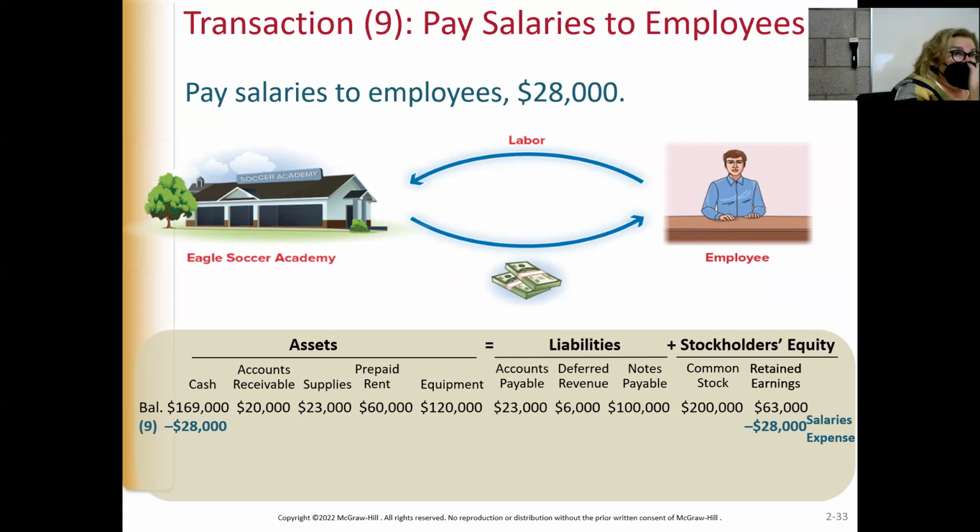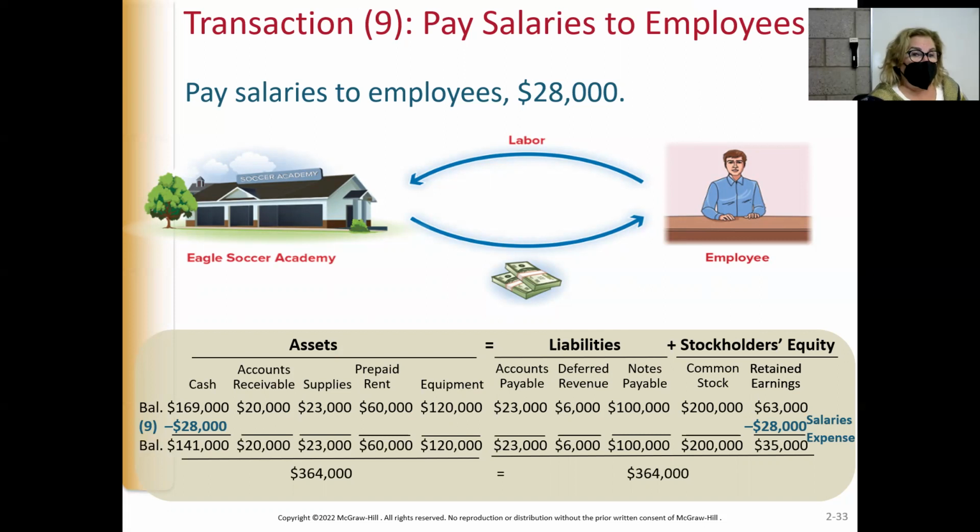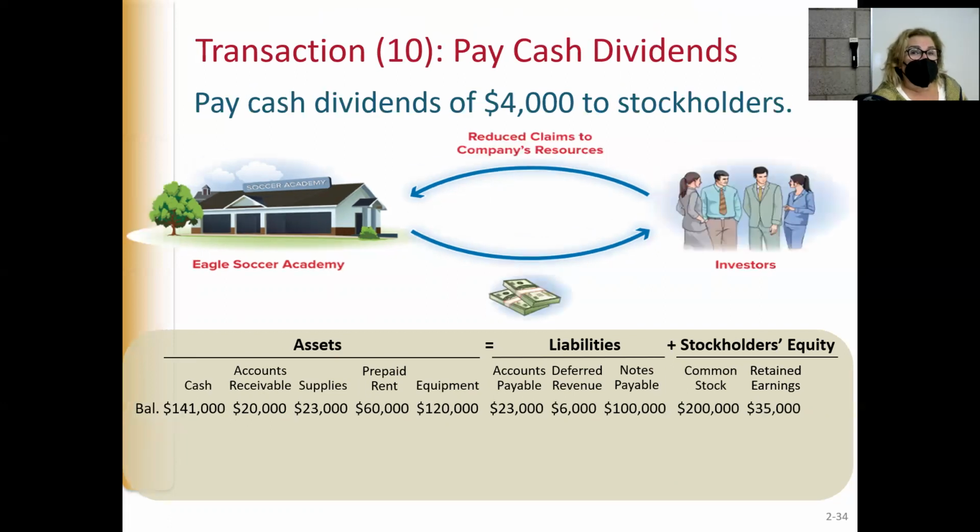And we know an expense decreases stockholders' equity because it decreases the retained earnings portion, correct? So do you see, we still balance, don't we? Our assets still equal our liabilities plus our stockholders' equity.